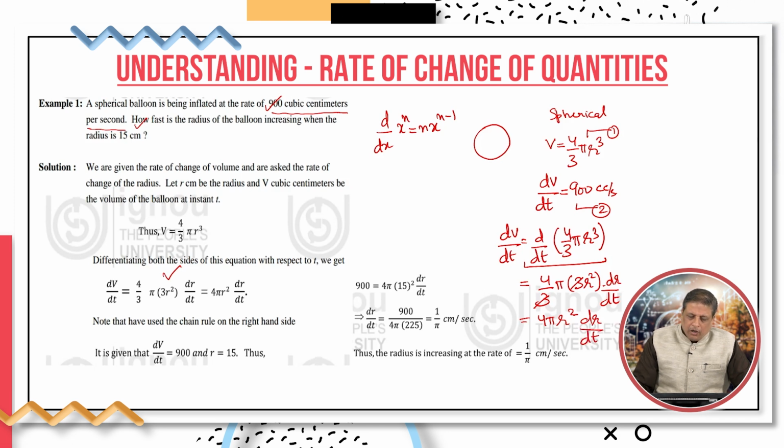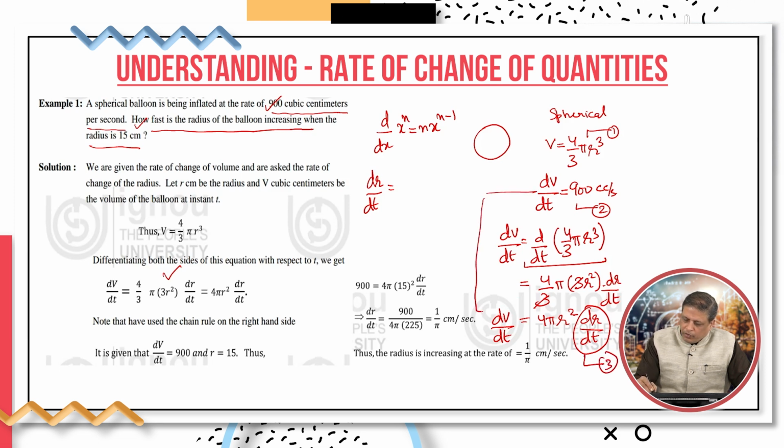What we are asked for is how fast the radius of the balloon is increasing when the radius is 15 centimeters. That means we are to calculate dr by dt. So, we can rearrange this equation and we will get dr by dt, because dV by dt is given by equation number 1 and is nothing but 900 units.